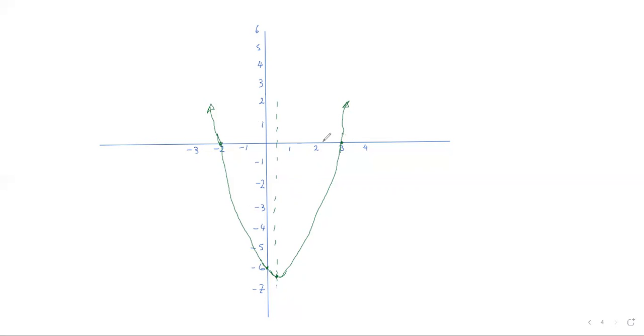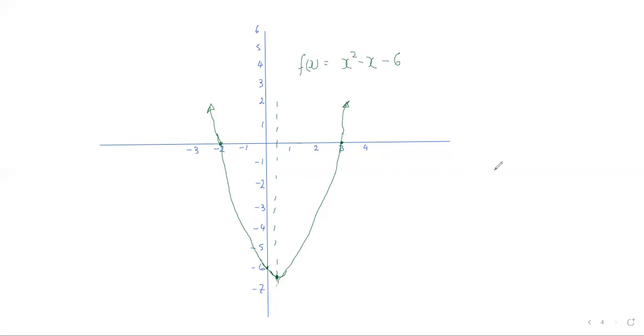This is your x-intercept. This is the y-intercept. The y-intercept is always given by c, and then this is our turning point where the graph turns. And then we can label that as f of x is equal to x squared minus x minus 6.